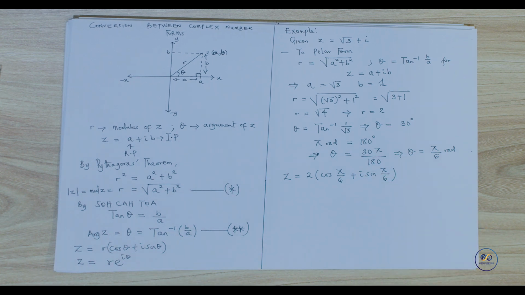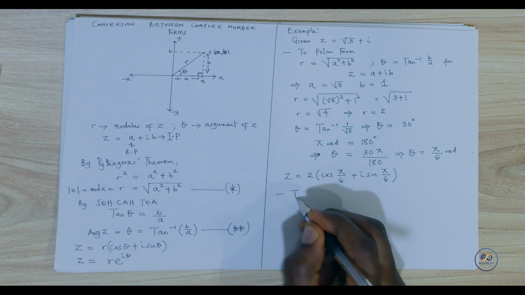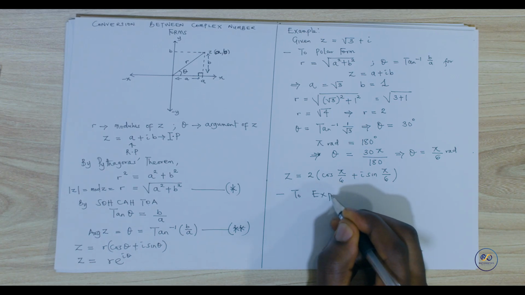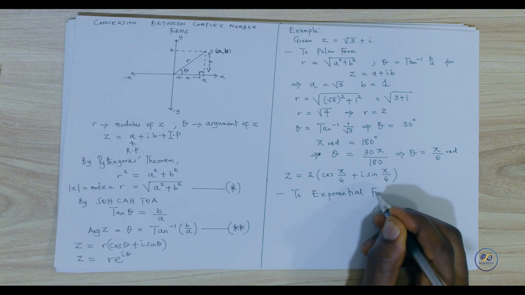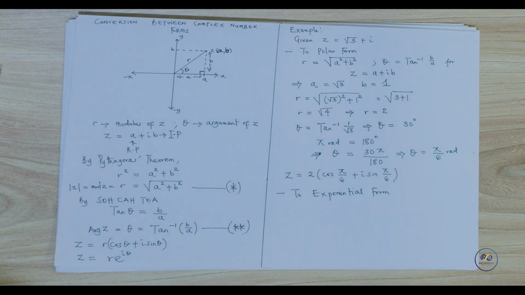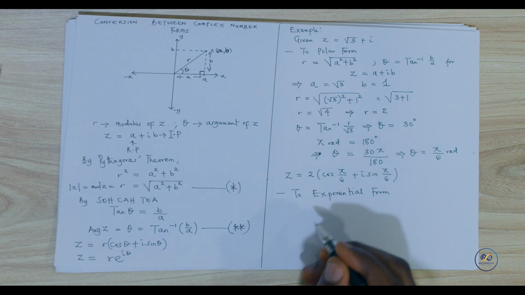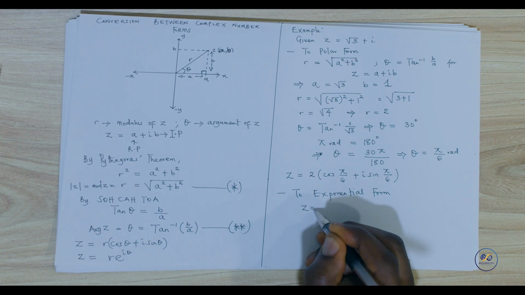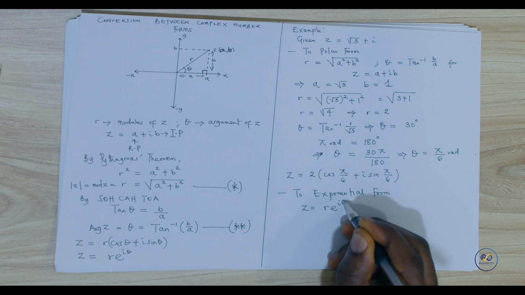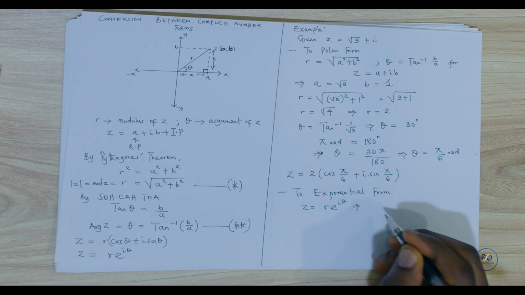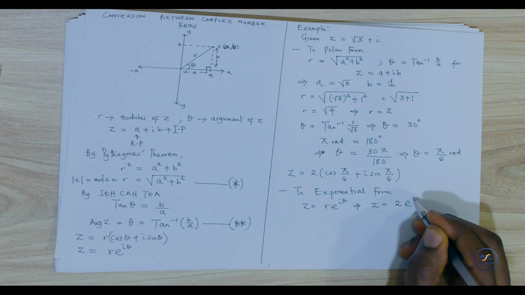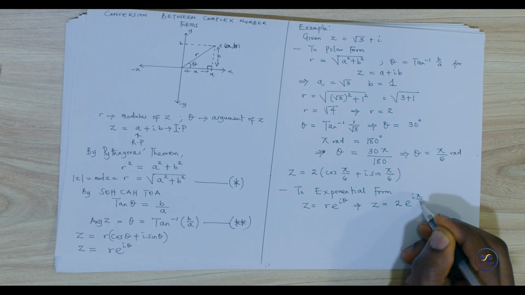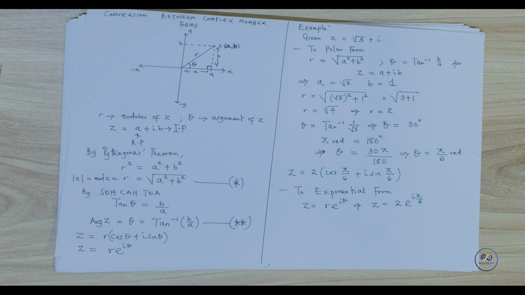And then if we were to take the exponential form, now that we already know the polar form and of course the modulus and the argument, we will know that z would of course be r e raised to power i theta, which implies that z can be written as 2 e raised to the power of i pi over 6 as the exponential form.